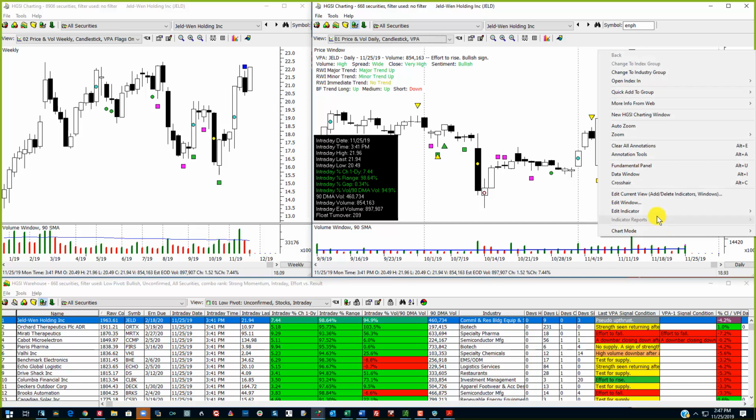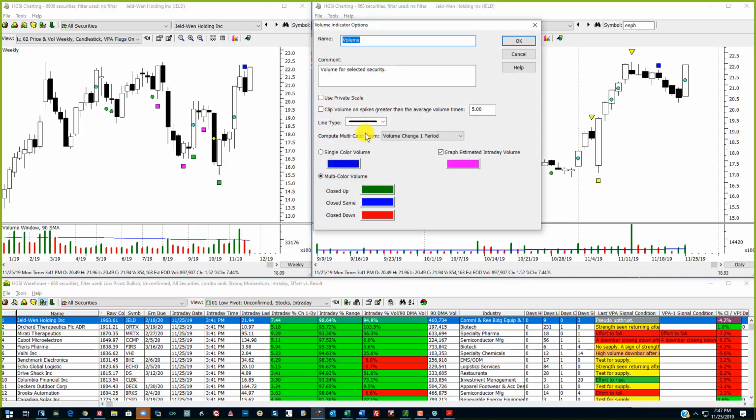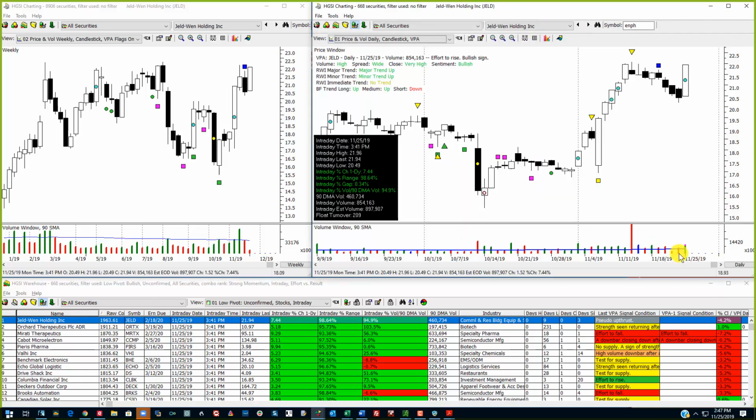Now let me go back in here and show, I believe there's going to be a difference here. If I went back to my open to close, because this is a black candle here, you can see that this is a red bar. So the open is here, the close is here, it's a red bar.